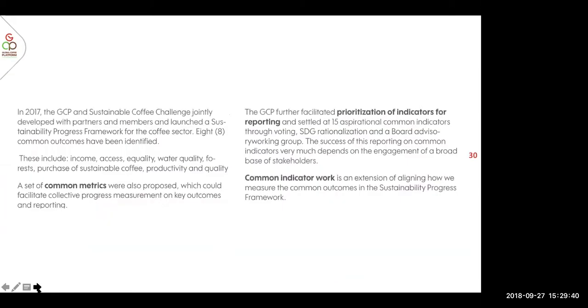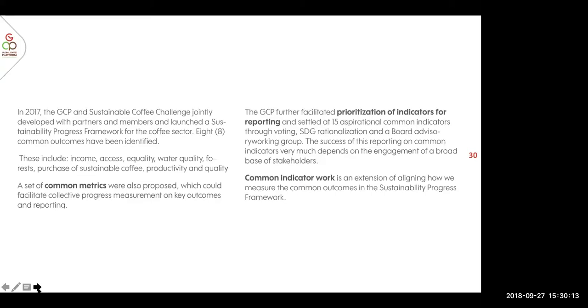This process has taken the effort of many, and part of the work started way back in 2016, but in 2017, GCP, the Sustainable Coffee Challenge with partners and also members looked at a sustainable progress framework, which looks at how we could make coffee the first sustainable product through different pathways of ensuring sustainability.